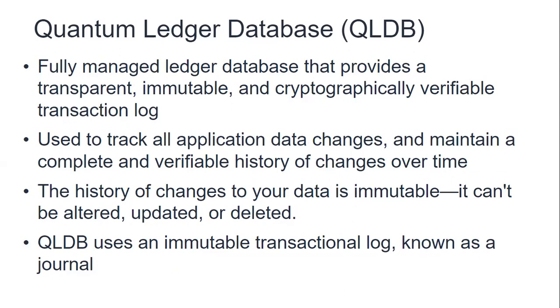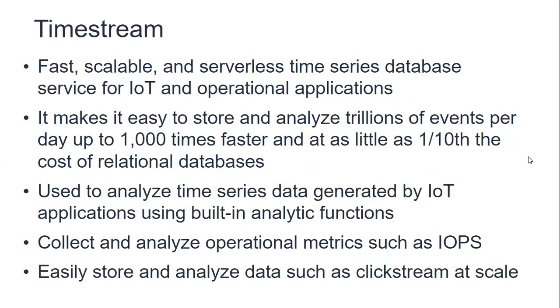So immutable means that it cannot be changed, and that's known as a journal. From what I've said, people may start thinking it's blockchain, but Amazon actually has a blockchain service, and this is not blockchain, it's QLDB.